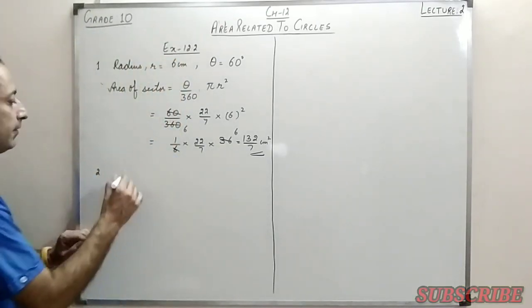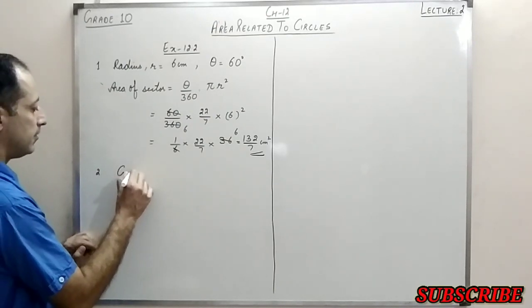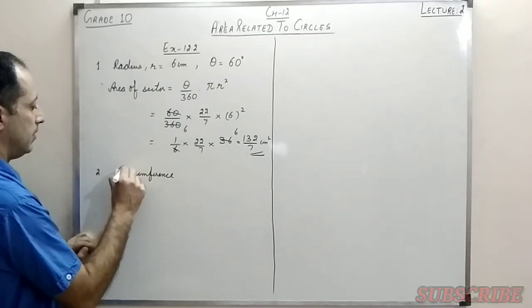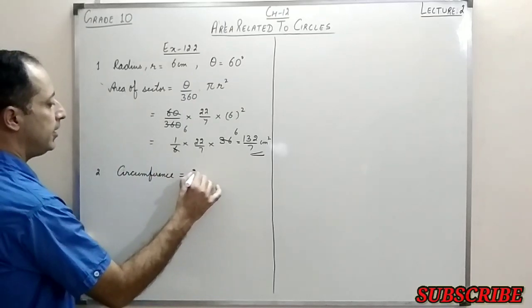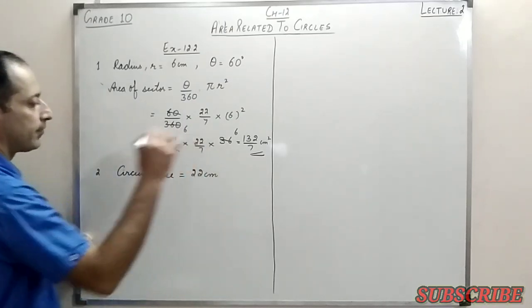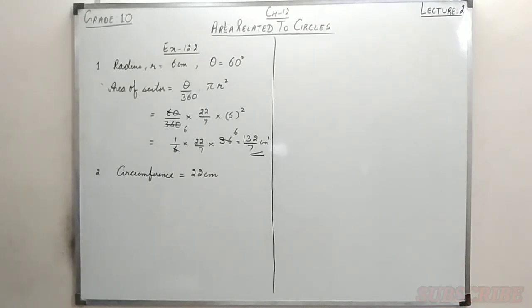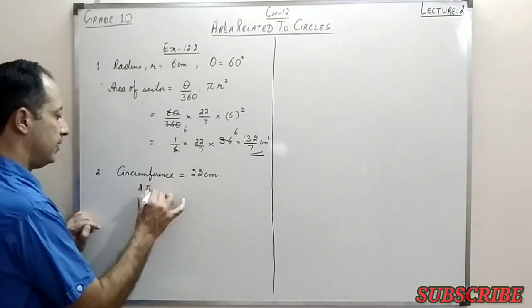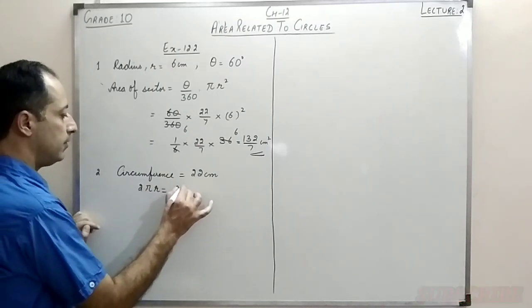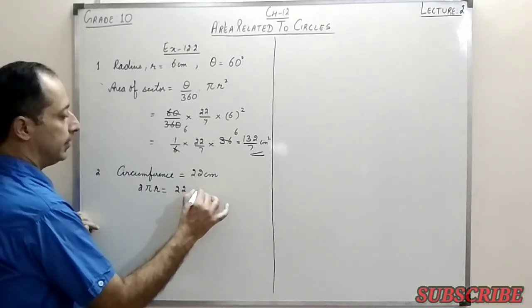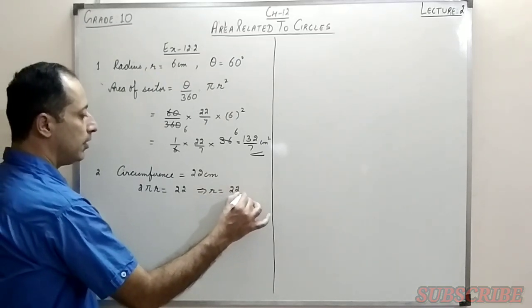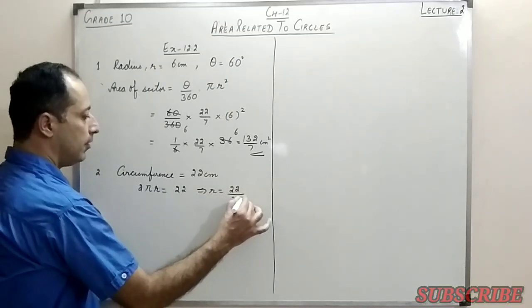The circumference is given as 22 centimeter, so we apply the formula 2 pi r equal to 22. This means r equals 22 upon 2 pi.